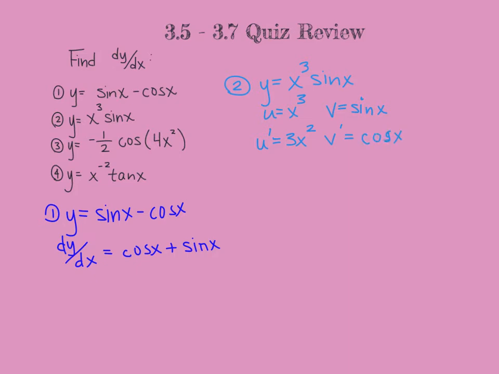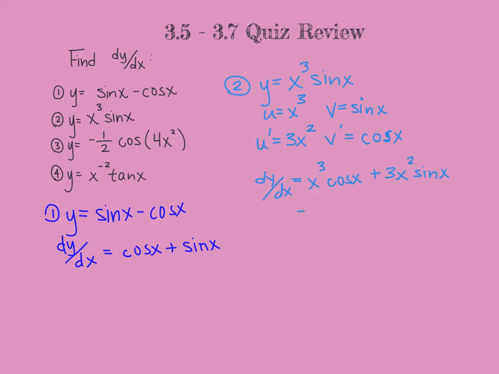Then, of course, our product rule is u times v prime first, so we'll have x cubed times the cosine of x plus v times u prime, so we'll write the 3x squared first. Again, in general, in a product, you want to write the trig function last.